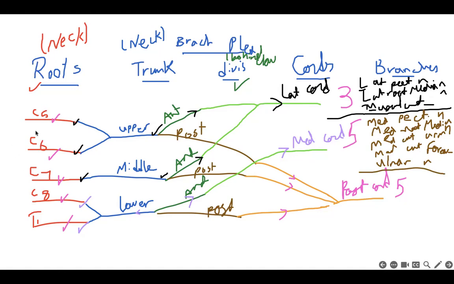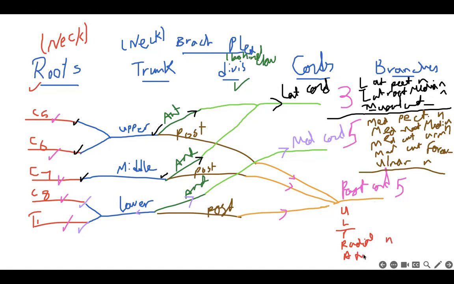And finally, what are the branches of the posterior cord? Along the ultra. Ultra, R means radial nerve. Radial is related to the radius, and supplies the triceps.